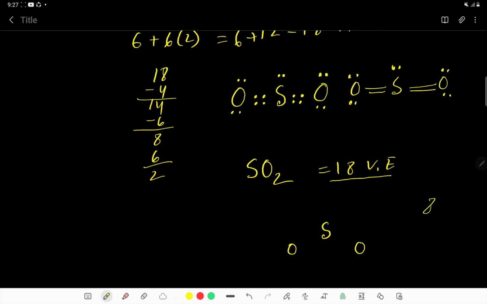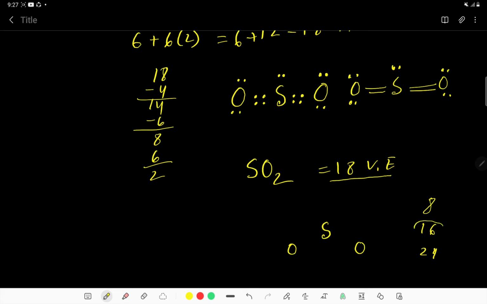So here we have 18 valence electrons. So we'll consider the multiple of 8. The multiple of 8 is 8, then 16, then just add 8, then 24, right? 24. So here we have 18.